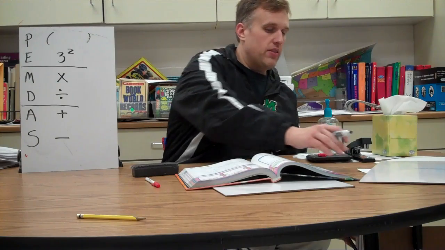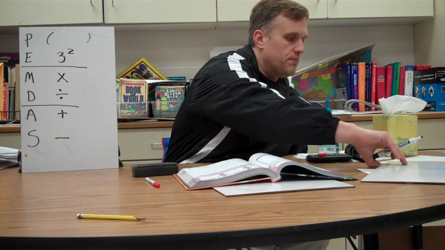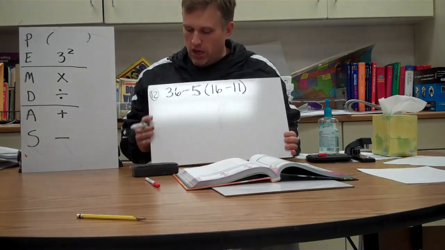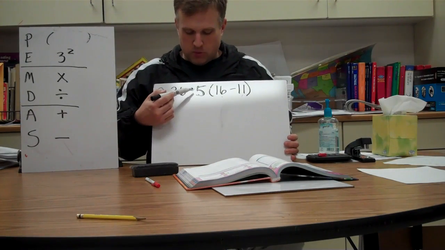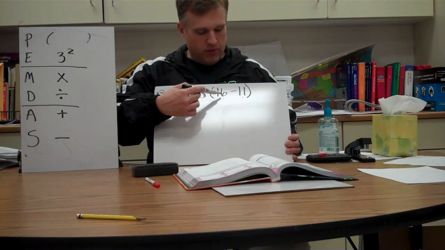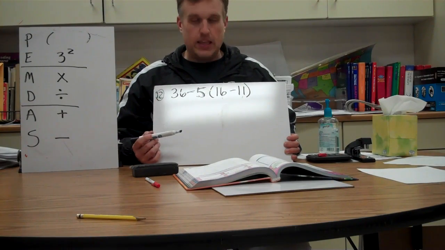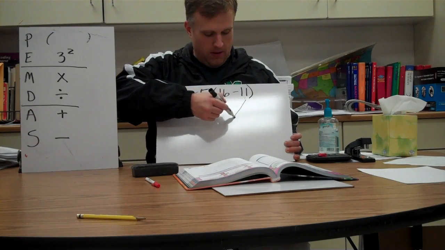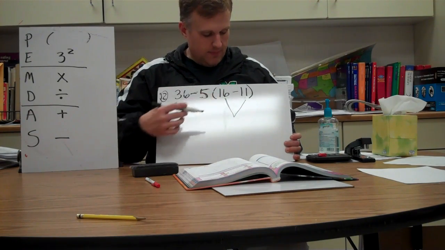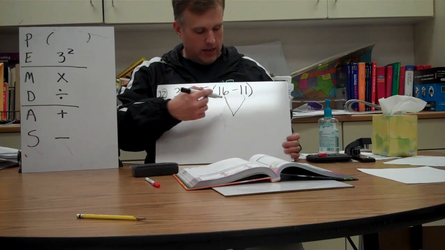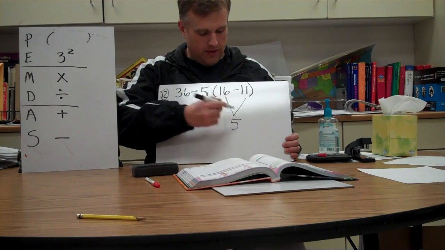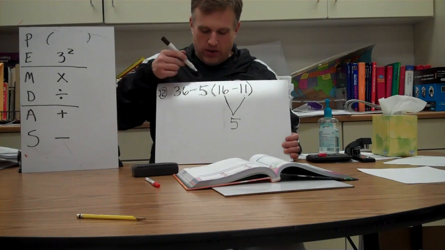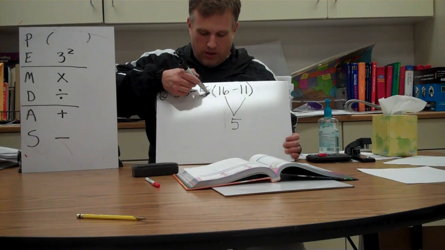And we'll do one more together, number 12. Very similar. You have 36 minus 5, and then in parentheses 16 minus 11. So again, we all start off with our parentheses first. So if we have 16, take away 11, that is 5. And remember, when we have a number right next to the parentheses, like right here, it's the same thing as multiplication.